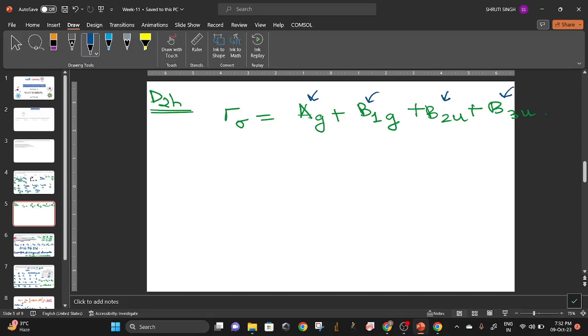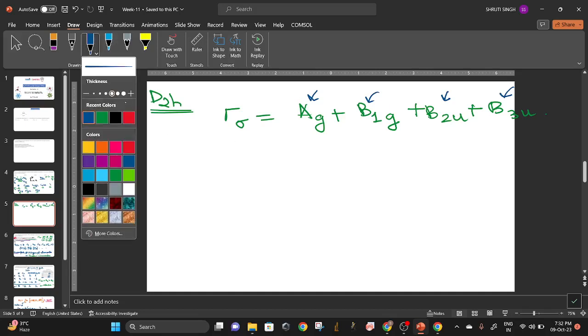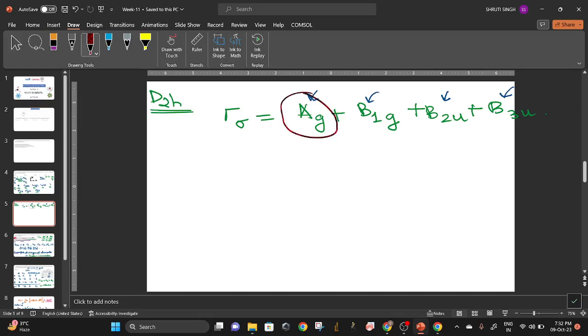So first, let's figure out which linear combination of these sigmas has the symmetry Ag. So the projection operator of Ag is applied on sigma 1.